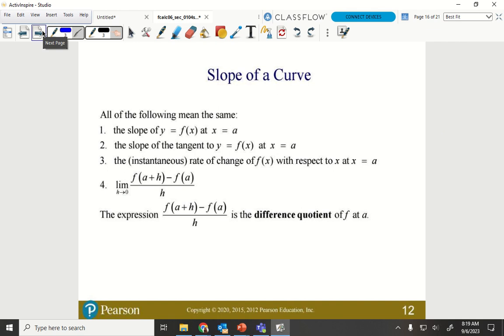Slope of curve, all of the following mean the same thing. The slope of y equals f of x at x equals a, so that means it's at that point. The slope of a tangent line to y equals f of x at x equals a. The instantaneous rate of change, that means at that instant, the rate of change. So we had Denny driving 45 miles an hour through the kindergarten crossing.